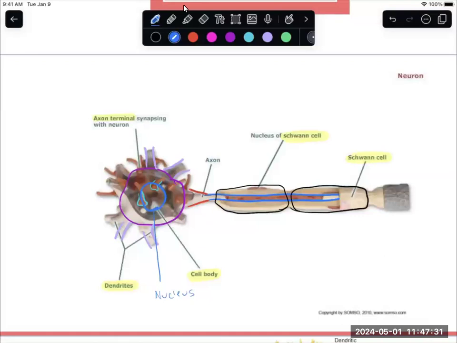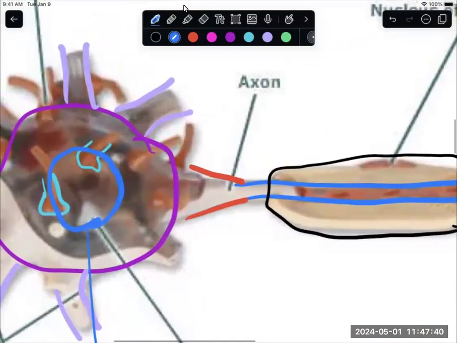The synaptic end bulbs are the same thing as these axon terminals in this picture here. This synaptic end bulb is this bottom portion of this axon terminal.